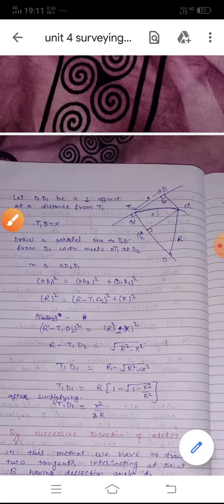Then OD1 is our hypotenuse, and hypotenuse is equal to base square plus perpendicular square.